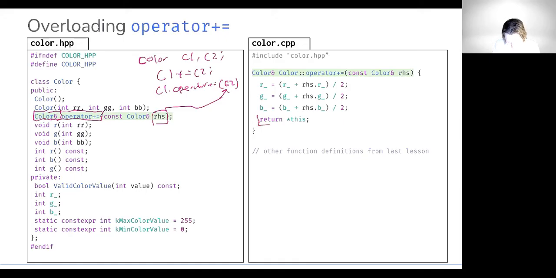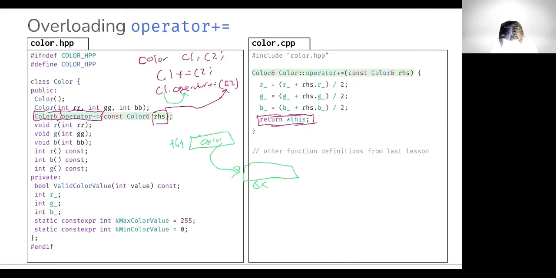As before, we're seeing the return of that self-reference. And again, remember that the address of the object whose operator plus equal was invoked on, C1, gets passed implicitly to operator. It is stored in a pointer called this. So this would have the address of color, would point to it.